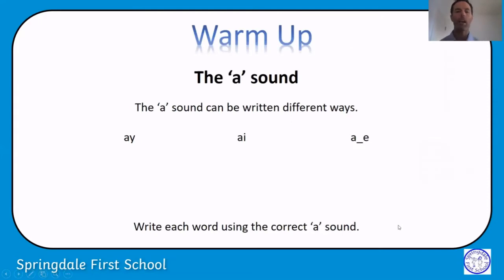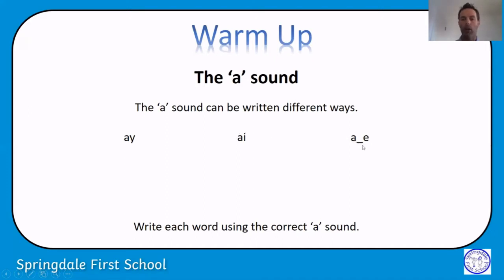So our warm-up game today is going to be looking at the A sound. The A sound can be written in 3 different ways. It can be a digraph, AY, and this usually comes at the end of a word. AI, another digraph, is usually in the middle of a word.